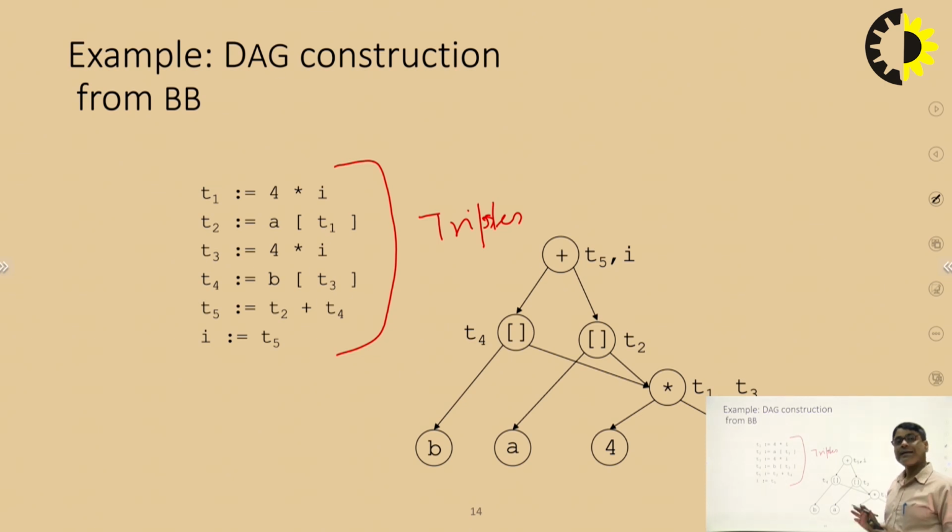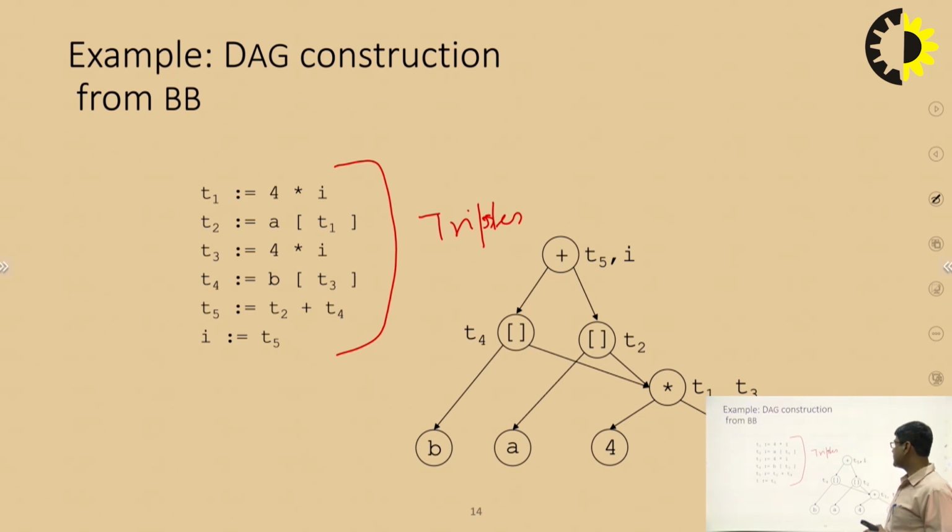If we are using more than one variable for one calculation, can we take both, or are both needed, or can we just use one of them and eliminate the other, because both present the same value? That is the basic part. So it is called local common subexpression. T1 and T3 will generate the same value, so we can eliminate one of them.